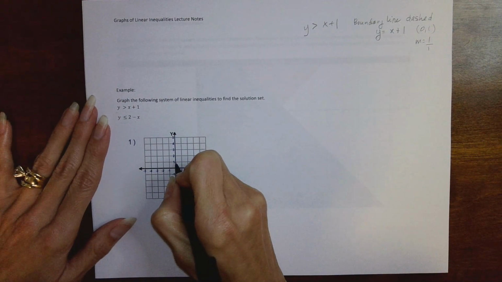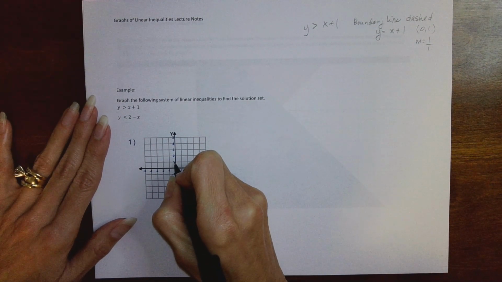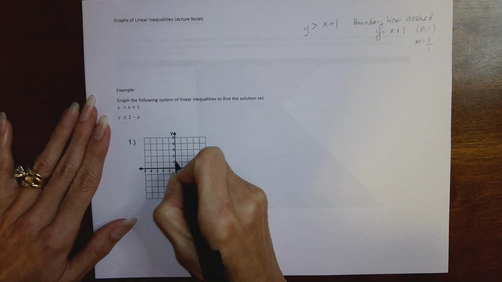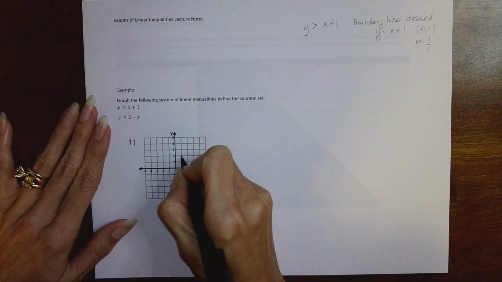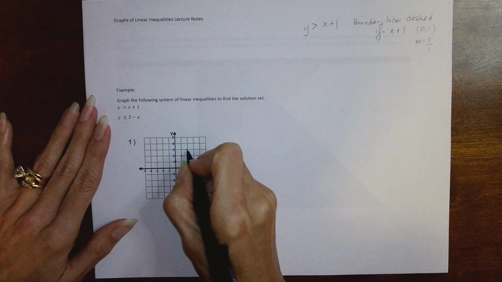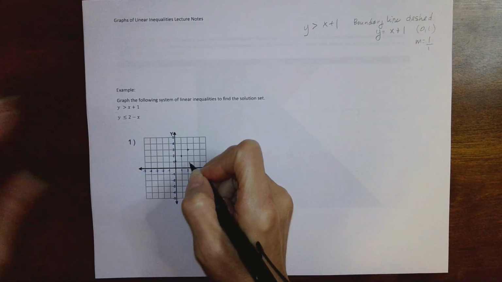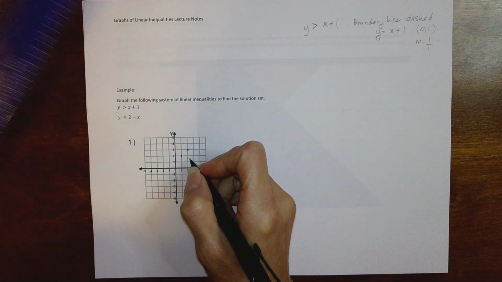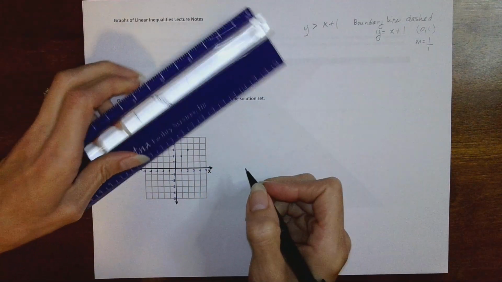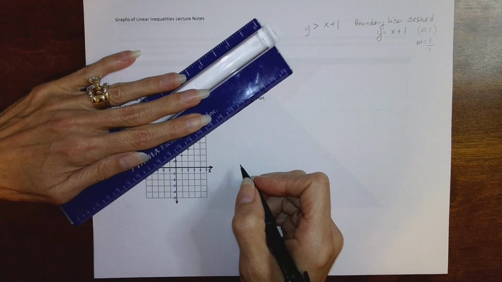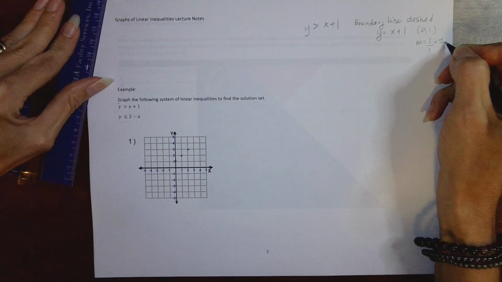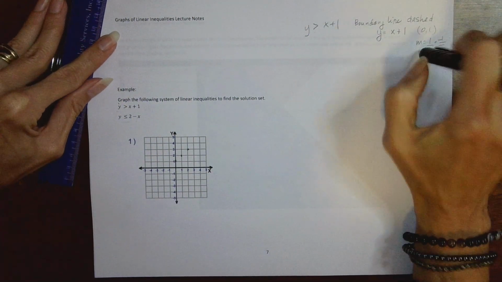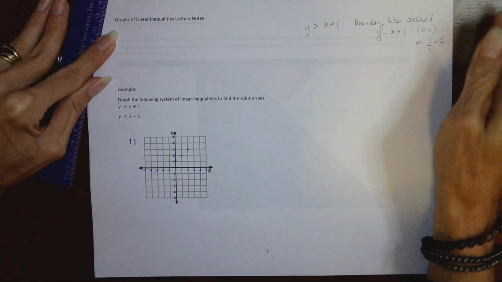I have 0, 1. And for every 1 I go up, I go over 1. And here is my dashed line. Oh, and we can write this as negative 1 over negative 1 if you want, because two negatives make a positive.